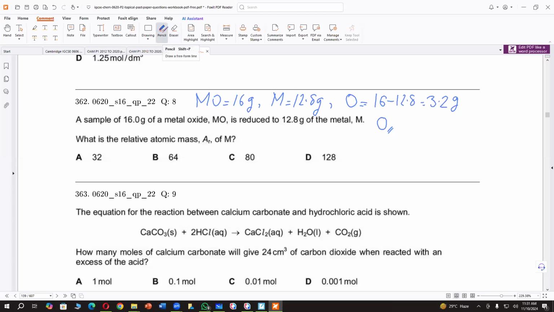Look, my oxygen AR is equal to 16, and 16 is giving me 3.2. Now, the other metal M, I do not know the AR. So I suppose AR is equal to X, and here it is 12.8. So apply the ratio method.